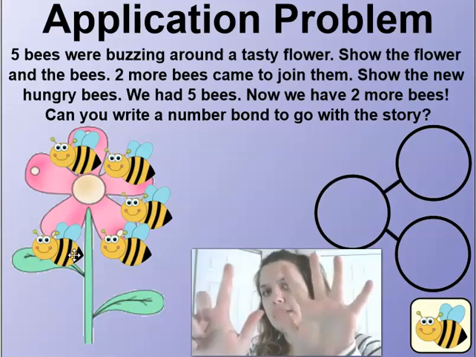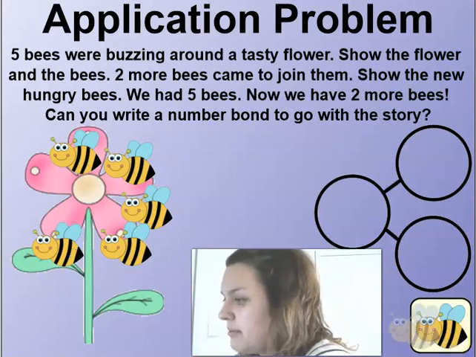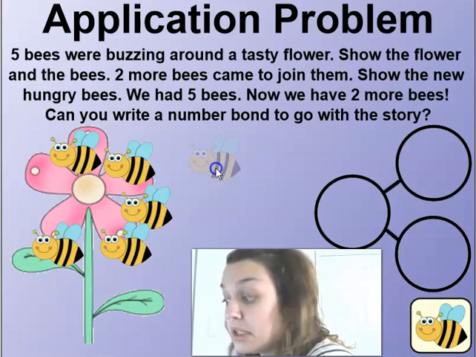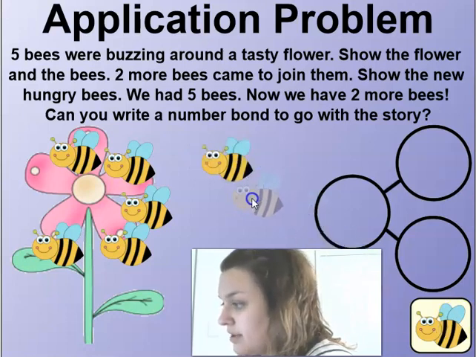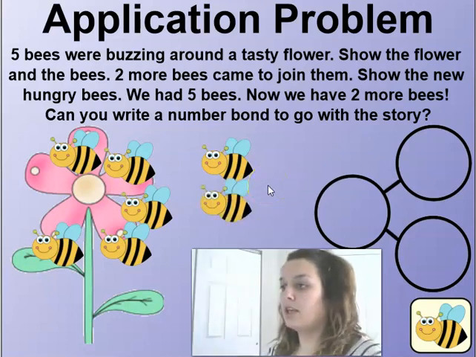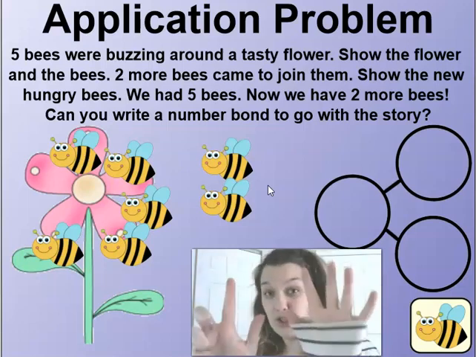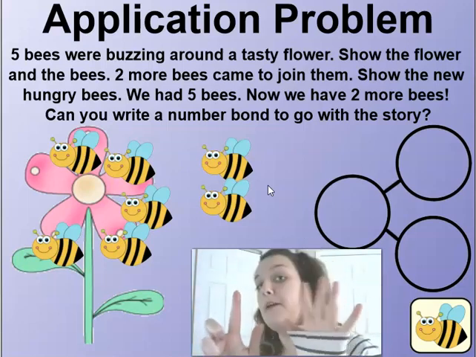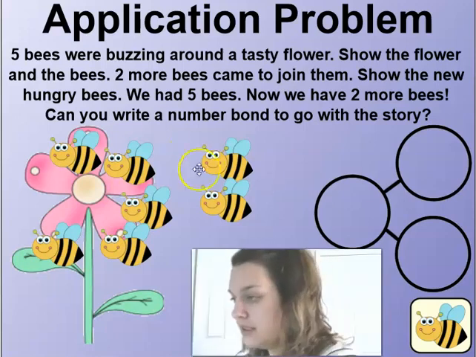I wonder if anyone knows this number. I'm going to keep them over here because they're just going to get close to the flower so we don't get them confused. They're getting ready to buzz around the flower. Here's 2 more. So we had 5. We brought 2 more. 2 more bees wanted to taste that flower. How many did we have all together?